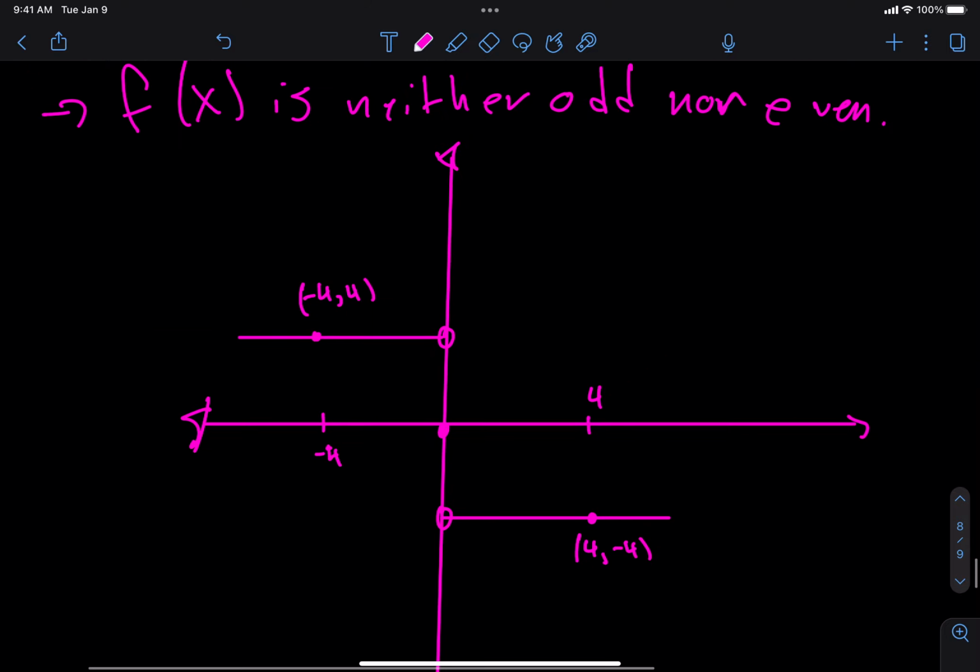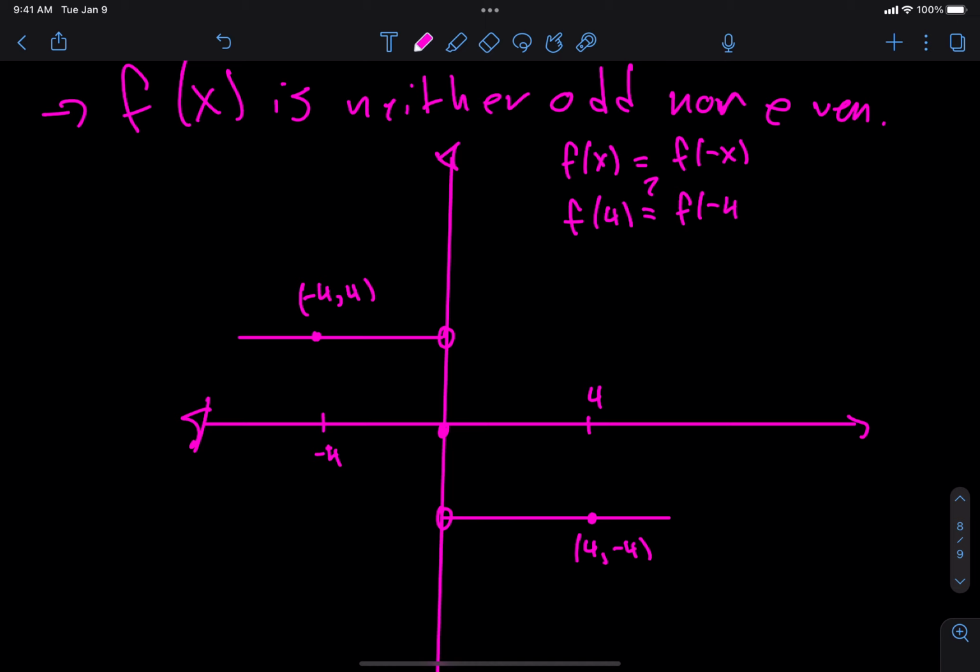So even means f of x equals f of negative x. Let's check whether this is true for 4. Is f of 4 equal to f of negative 4? We agree or not agree? All right, someone be brave. What is f of 4?